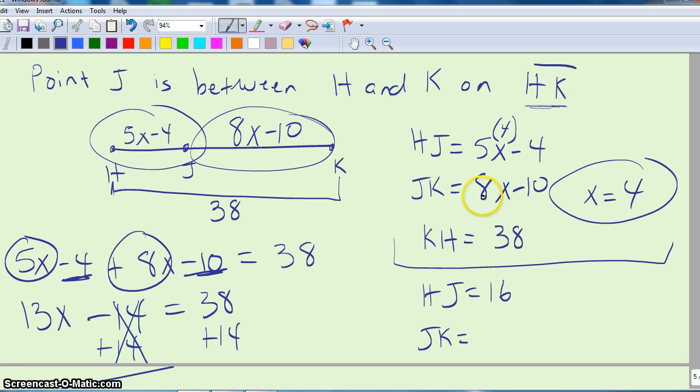Right here, it says 8 times x for JK. Well, x is 4, so that's a 4. 8 times 4 is 32. Minus 10, 22. So this could also be an answer. It just depends what I asked.